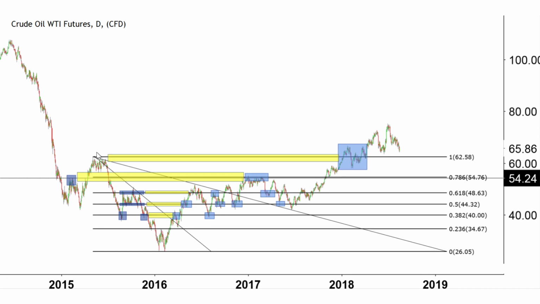Later, the 1 fib level spans 3 years from the single reversal area from 2015, at the very unreliable 62.58 price level. In late 2017, as price climbed to the high 50s, this would indicate resistance was in the lower 60s. However, this was over 3 years from the last confirmation and nearing the end of the effective time range.